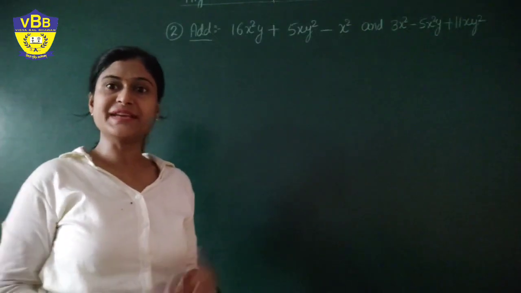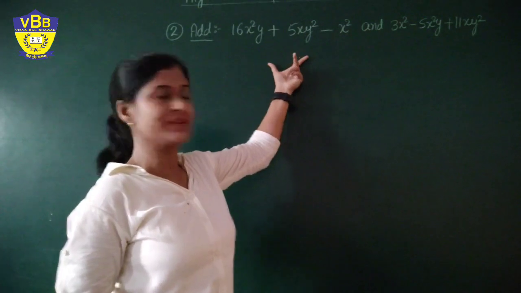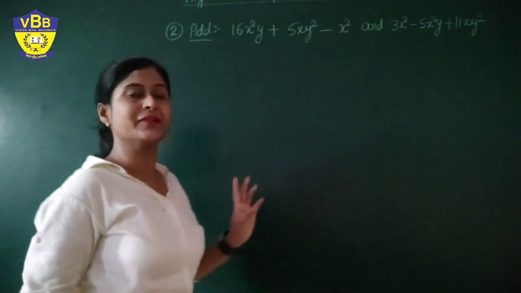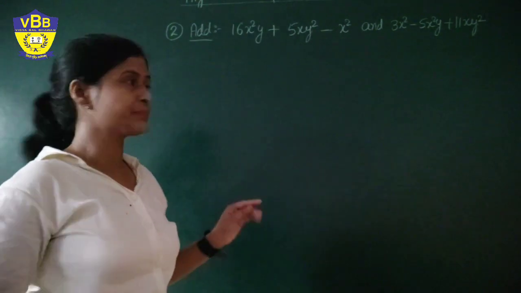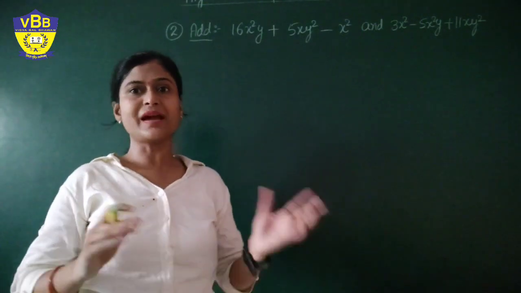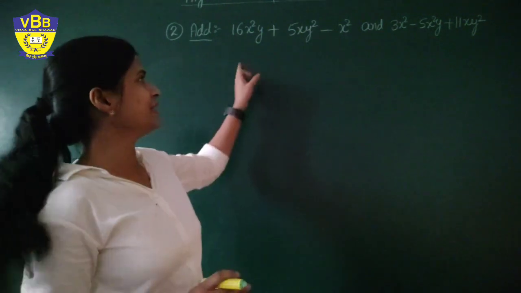Okay. The next example is to add this expression and this expression. We have two expressions and we need to add them. Let's start. Always remember one thing: like terms add with like terms. Even subtraction is possible only within like terms.